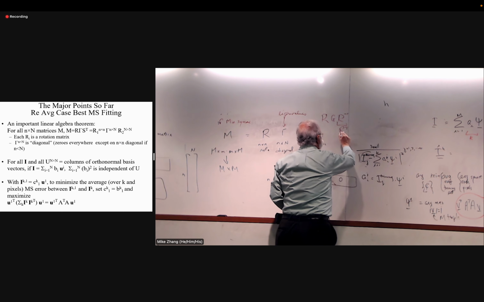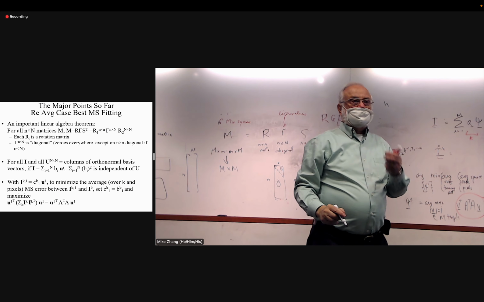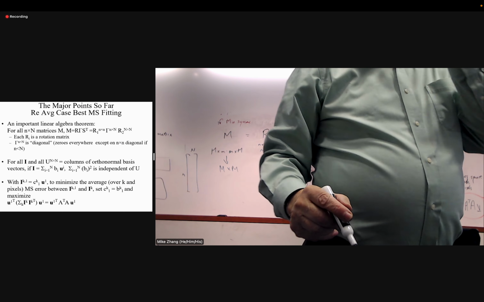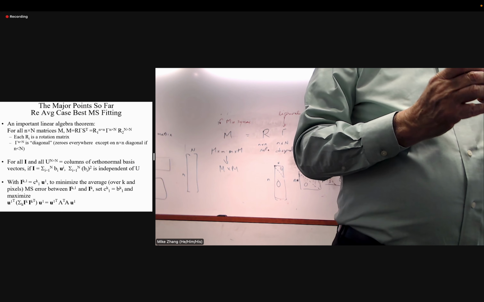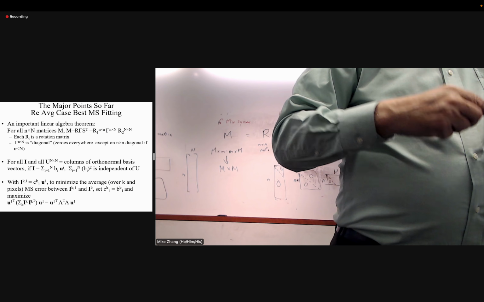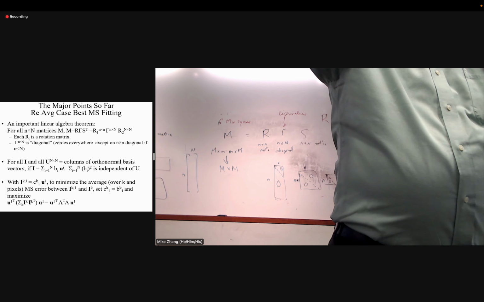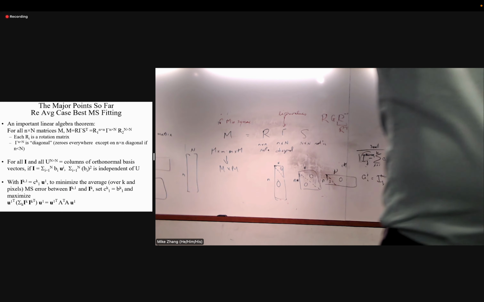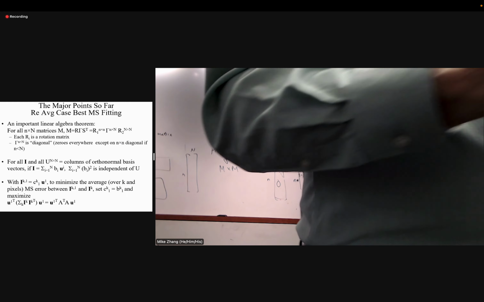And for a square matrix, R inverse equals R transpose. That comes from the fact that the dot products are all 0 when you dot product the 2 vectors that are in different columns, and they're one when you dot product something with itself.